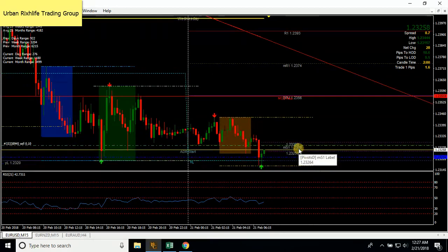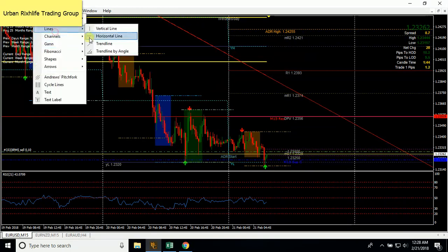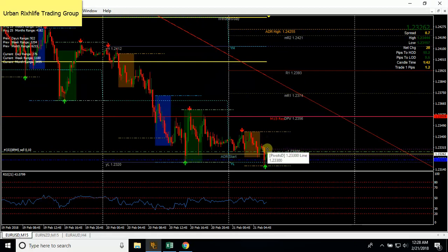The sweet spot's always going to be the 15-minute chart. Notice how we're outside of that brown box. We dropped down below the range and came back up. We'll probably come back in about mid-range, and we'll continue to drop.